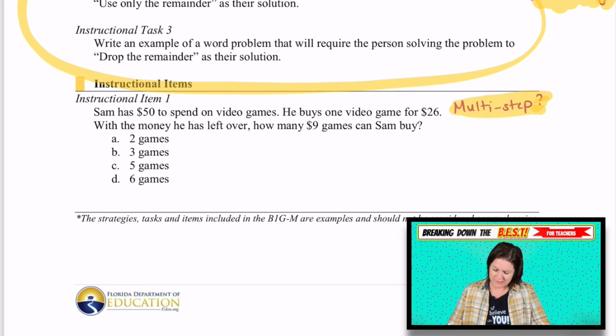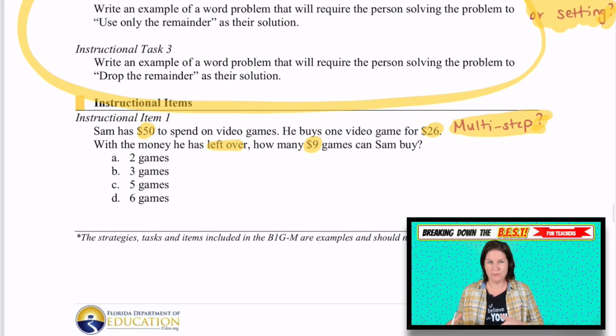But for this one, if Sam has $50 to spend on video games, and then he buys 1 video game, so first he's subtracting 26 from his $50, and then he's using his leftover money to buy 9 games. That's kind of more of a multi-step problem going on here, with subtraction first and then division, which I'm totally cool with, and they do experience in 4th grade. I just didn't get any of the clues that a multi-step problem was involved in this standard. So just kind of like, as an example there.